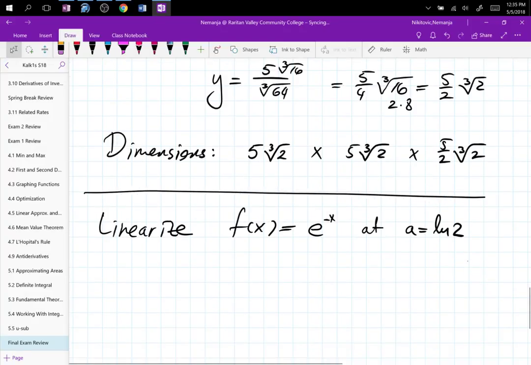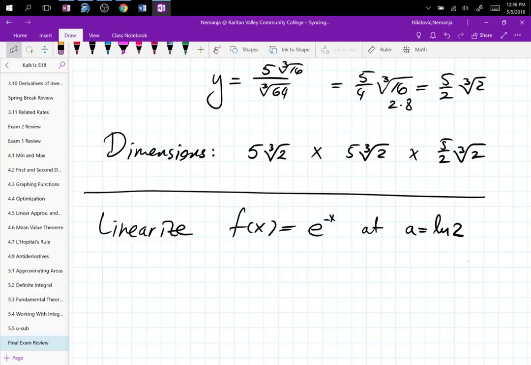So, when would something like this arise? If you are using e to the negative x to compute, let's say x equals 0.8, for instance, then linearization would help. Other than that, you have the calculator, so linearization doesn't matter anymore.